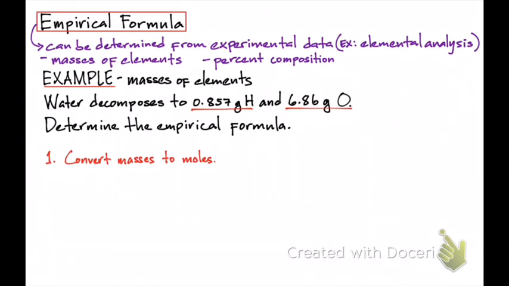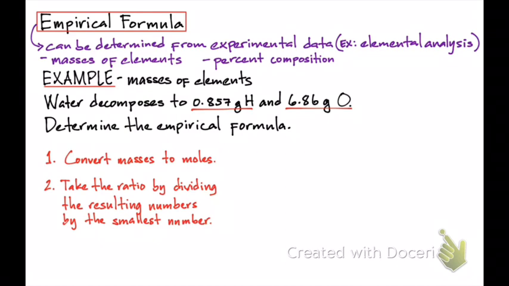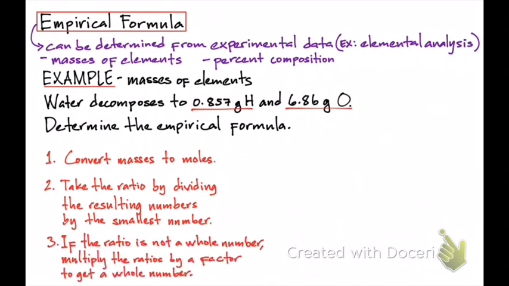We're going to convert mass to moles, and then we're going to take the ratio, because this is the simplest whole number ratio, by dividing the resulting numbers by the smallest number. And then if the ratio is not a whole number, multiply the ratio by a factor to get a whole number. These are the 3 steps that you need to take in order to get the empirical formula.